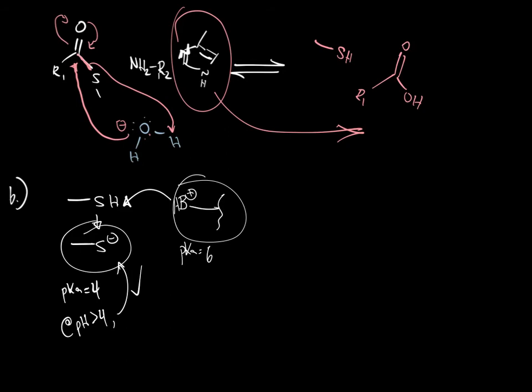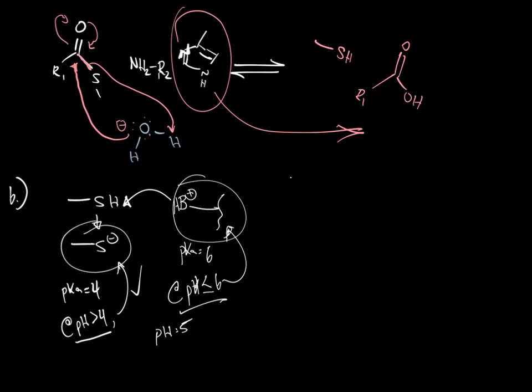So we want something less than 6. So we want a pH less than 6, or less than or equal to 6, because it's already positive still. This will be in its positive state. So we want a pH greater than 4 and less than or equal to 6. So the best way to do that would be the middle ground between the two, right? Which would be a pH of 5.